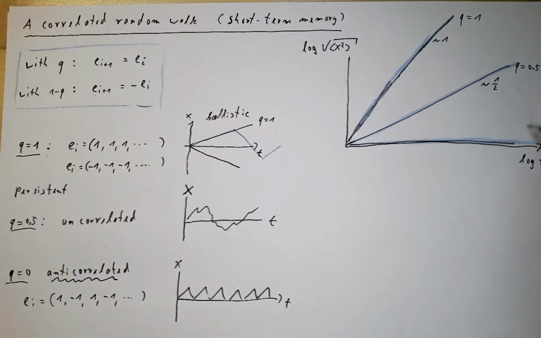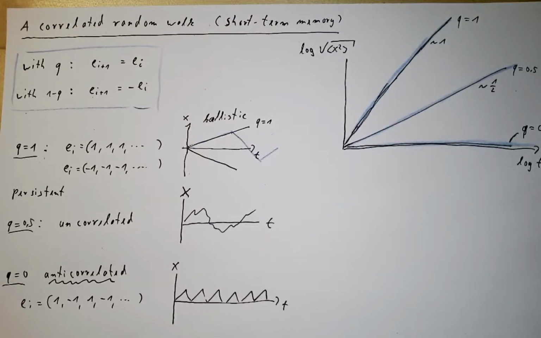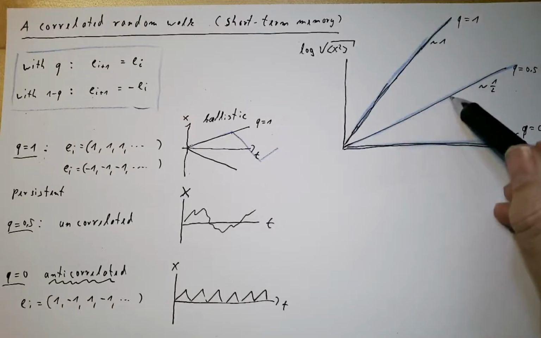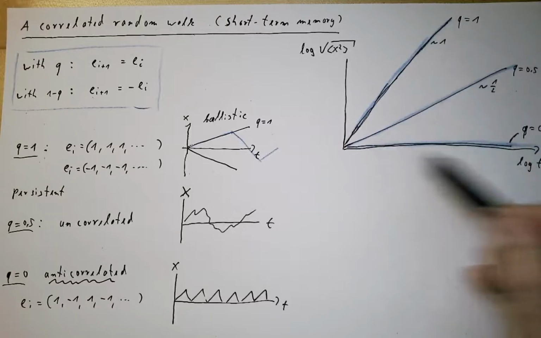So that would be q equal 0. And so this would lead you to the idea, okay, this diffusive behavior we have only for q equal 0.5. For q equal 1 we have ballistic, and here this.